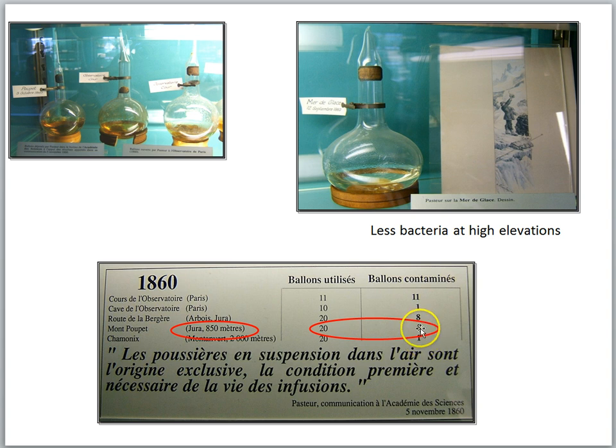By chance, these 5 happen to have some bacteria drift down into the flask, whereas the other 15 did not. If there's just more bacteria in the air, then you'll get a higher percentage of your flasks contaminated. And so in Paris, 11 were contaminated. At this location, 5 of 20 were contaminated, and high up, 2,000 meters high on a mountain, only 1 of 20 was contaminated.